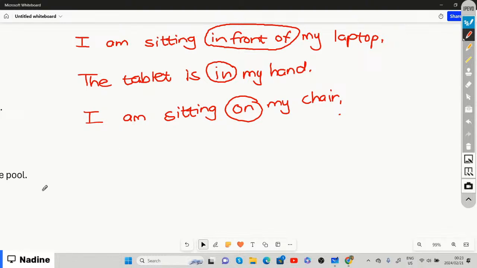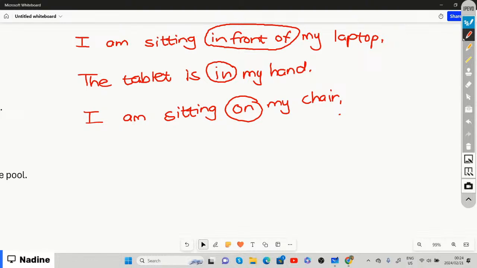All right, so based on the question that I asked, if your parent asks you to take out the milk, then if you were to go to the fridge and take out the milk, it means that the milk would be in the fridge, right? So you're first gonna have to open up the fridge and take out the milk that is in the fridge. So that is basically our preposition.